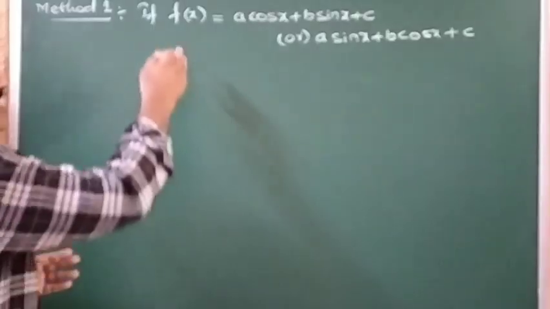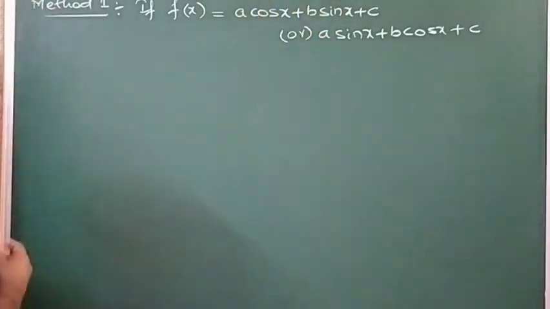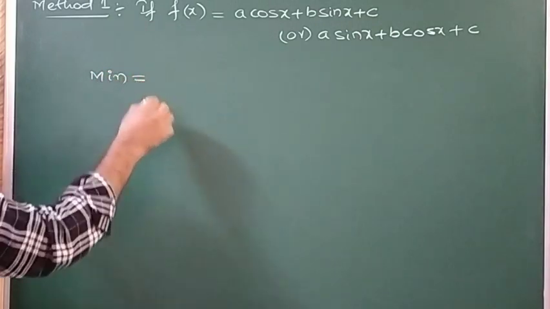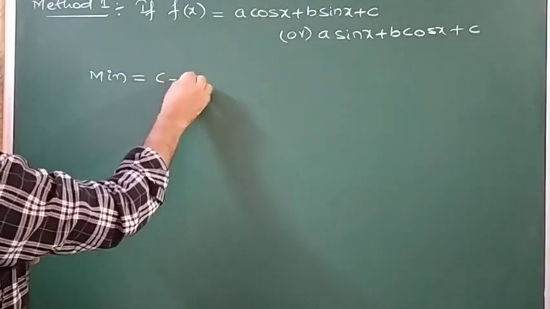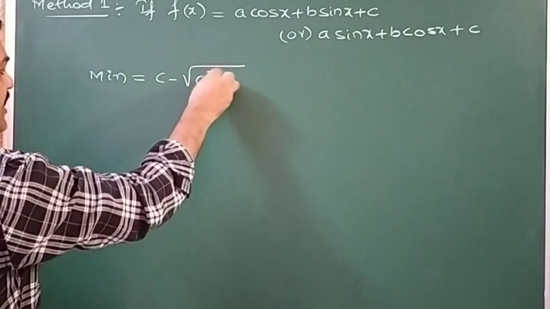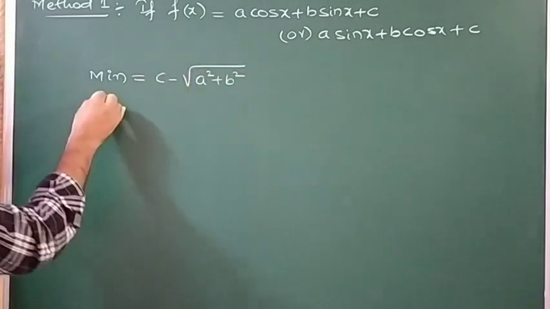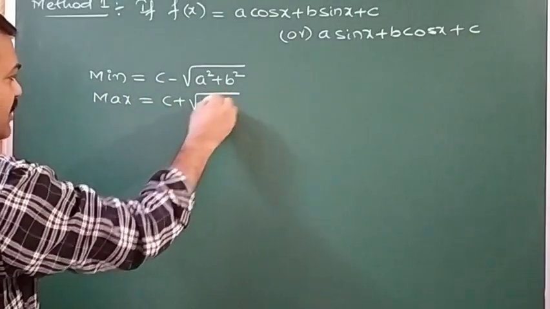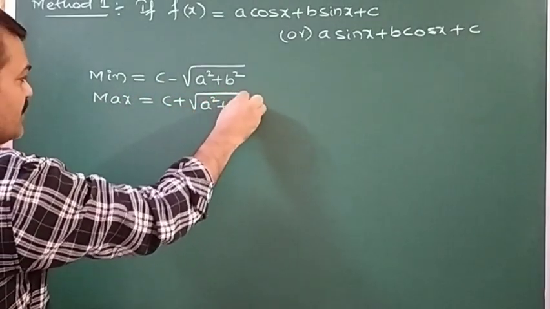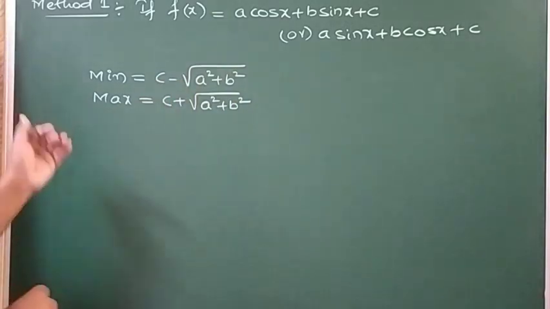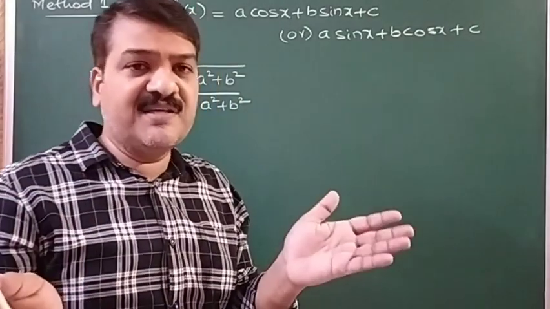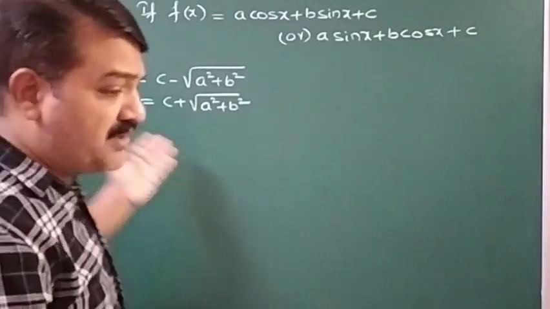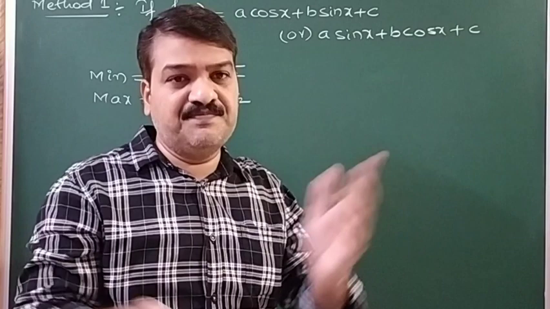So whenever f of x is in this model, the minimum value of this particular function is c minus root over a square plus b square, and the maximum value of the function is c plus root over a square plus b square. So when you get the minimum and maximum, range is nothing but the f of x values. So when you know what is the minimum, you can write the interval of range.